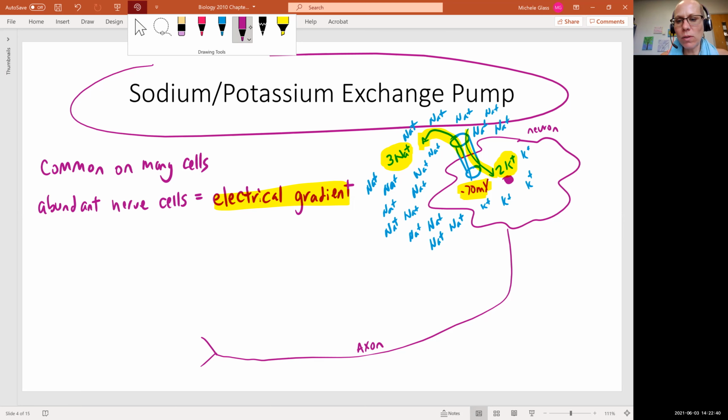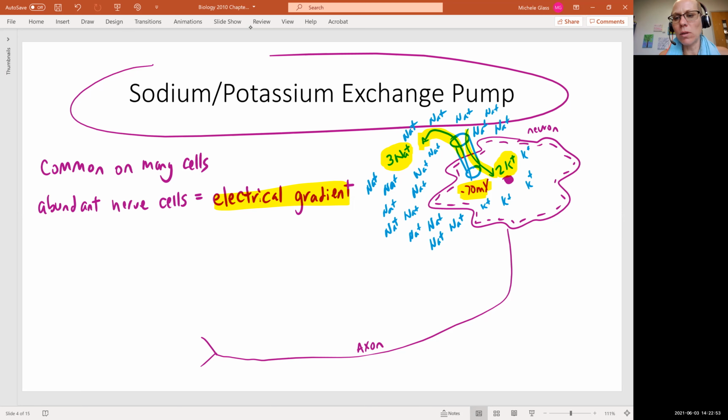So anything with a negative charge, chloride ion, proteins with negative charge, they're going to hang out right inside that membrane because they're super attracted to all this positive sodium on the outside. And so when you measure across the membrane, you get that negative 70 millivolt charge.